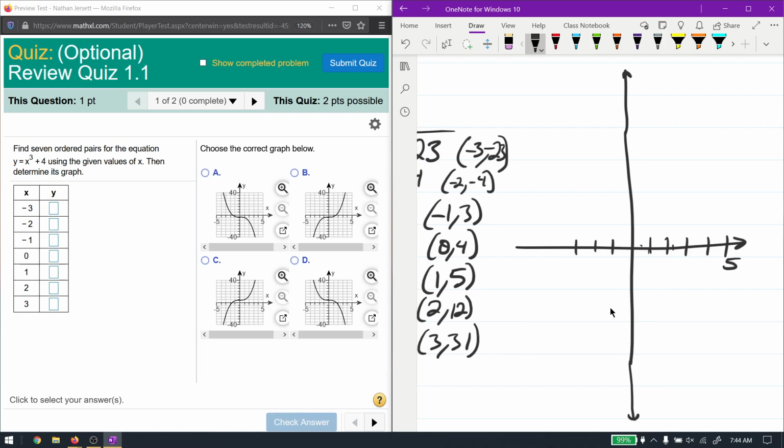So this is a way of graphing it by hand that can help you out: using different scales.